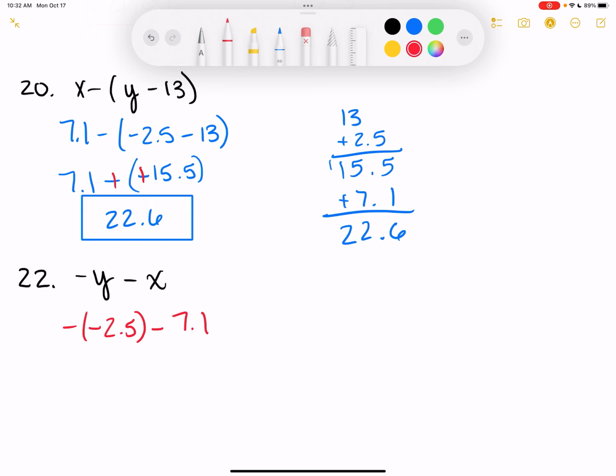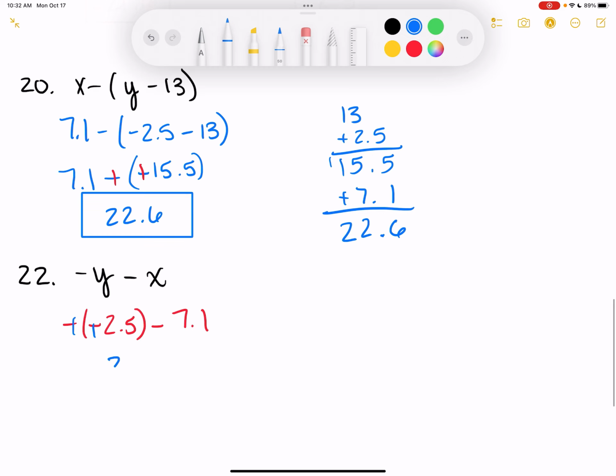So what happens to the negative 2.5? Yep. This becomes positive, so I now have 2.5 minus 7.1. So how would I go about solving this one?